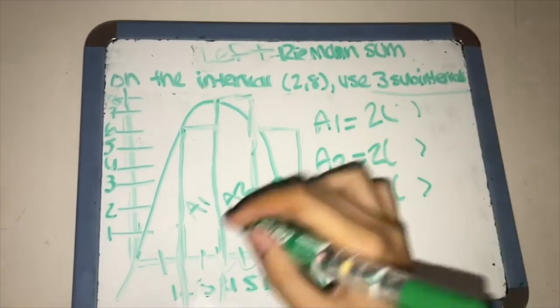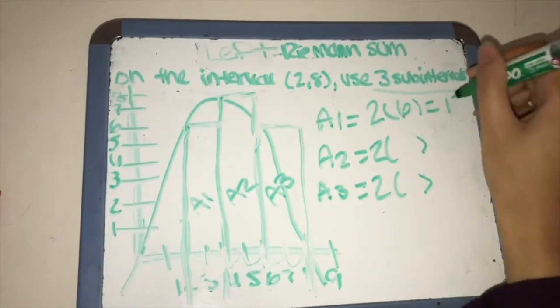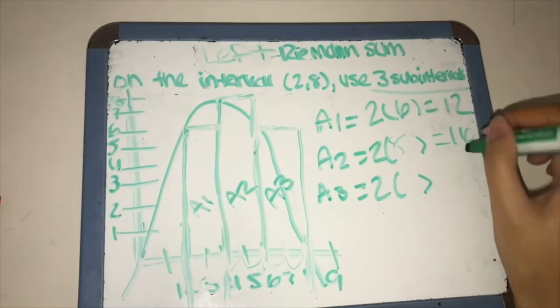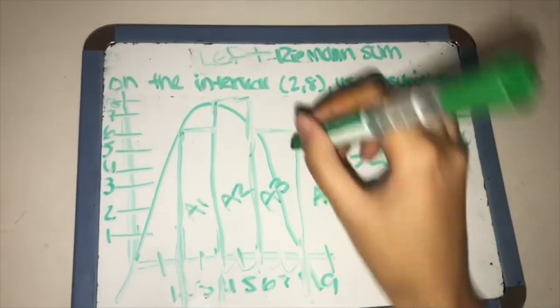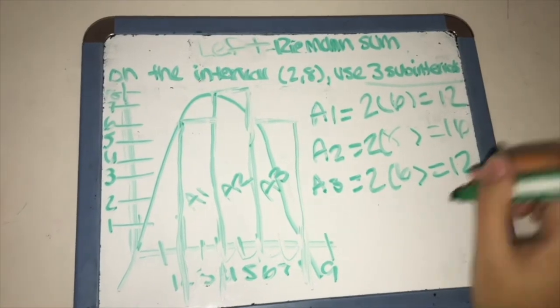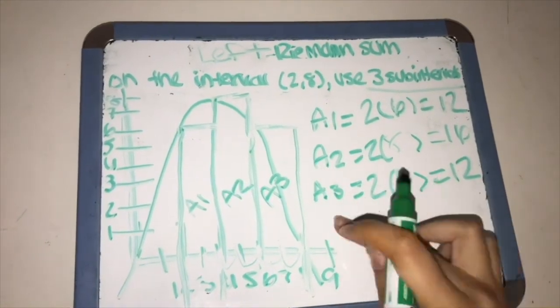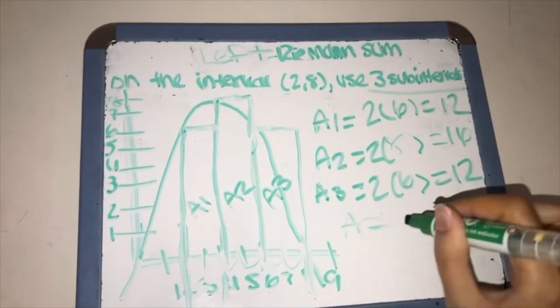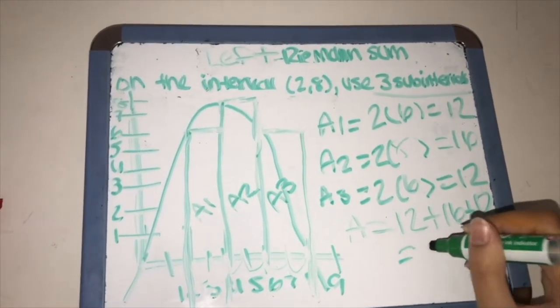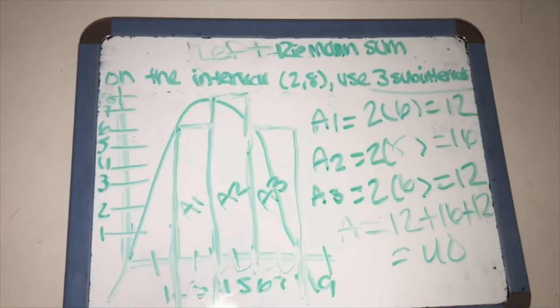So this area 1 would be at 6, which is 12. Area 2 is stopping at 8, which would be 16. And area 3, sorry, is also stopping at 6. So this is equal to 12. So 12, okay, my bad guys. So area equals 12 plus 16 plus 12, which is equal to 40. And this is your answer for this problem.